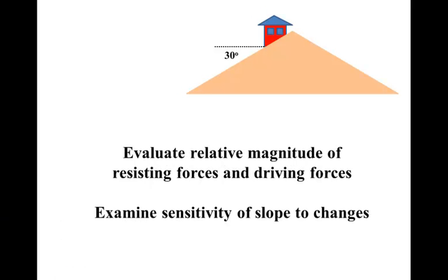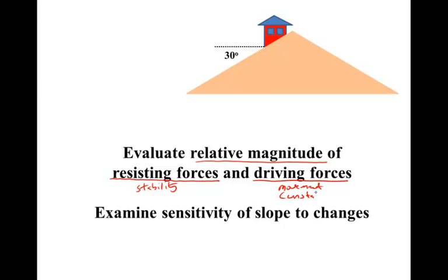We're going to get answers to these questions by calculating and evaluating the relative magnitude of the forces acting on the slope. Forces that resist movement or promote stability are called resisting forces. Forces that promote movement are called driving forces.